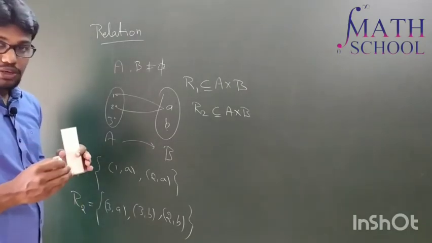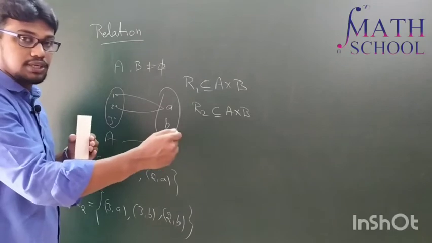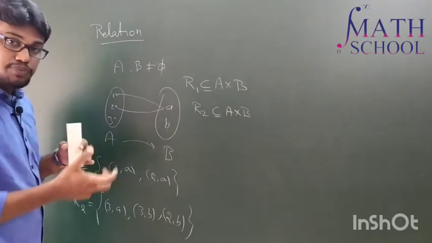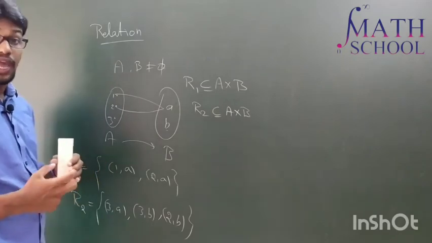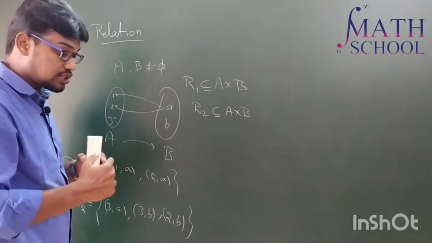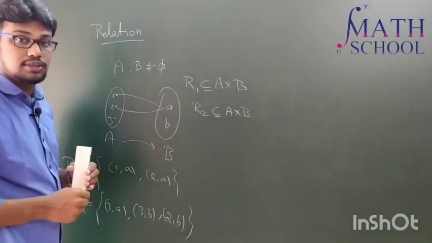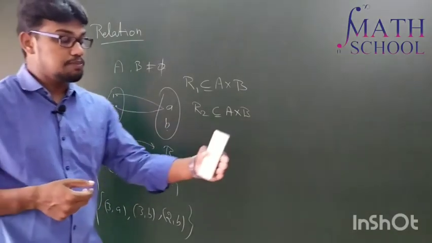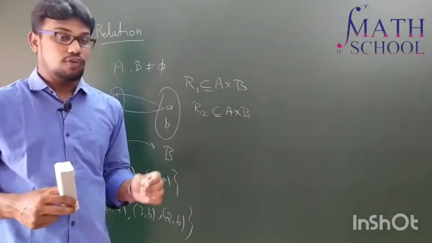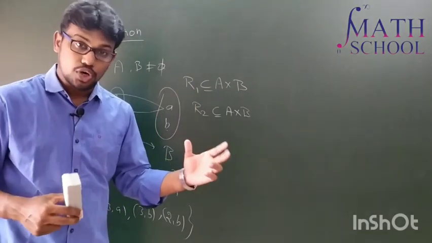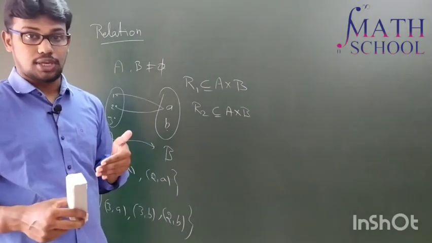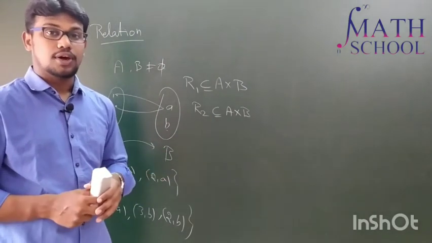A relation from a set A to B is defined as any subset of A cross B. Any subset of A cross B is called a relation from the set A to B. Fine. What is called a relation from B to A? Yes, any subset of the set B cross A is called a relation from the set B to A. Fine. Okay, thank you.